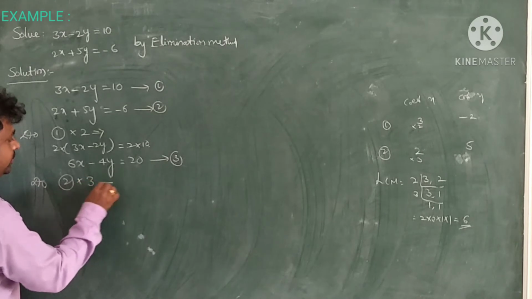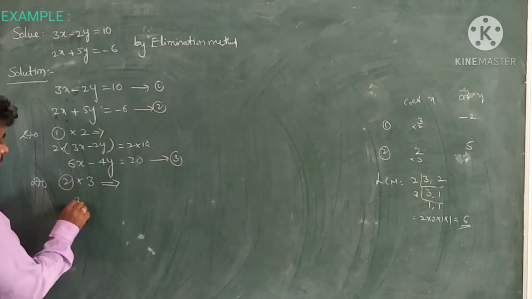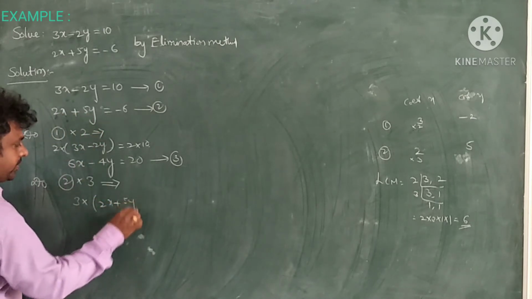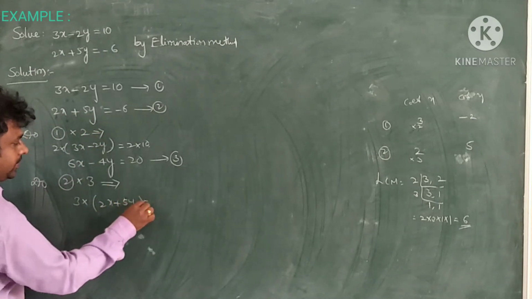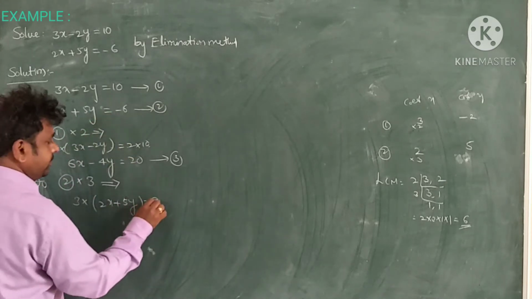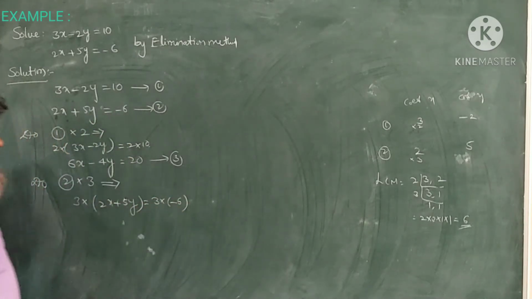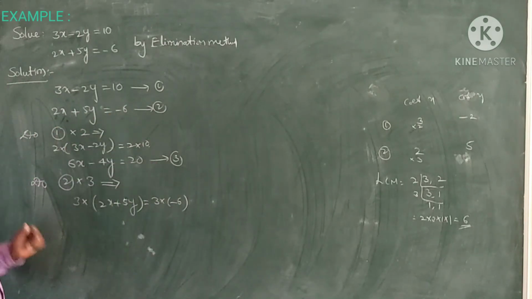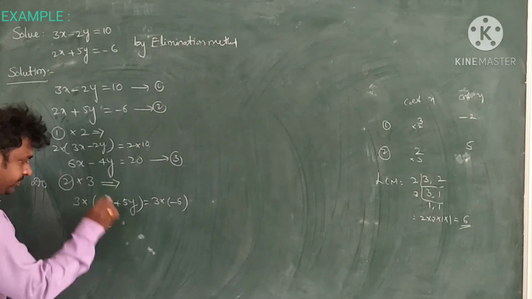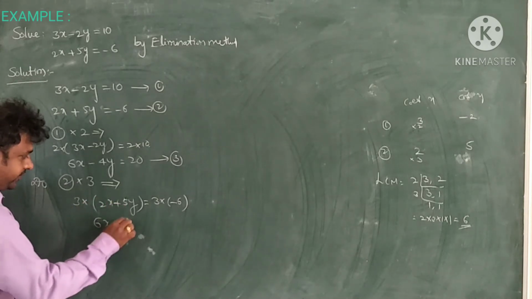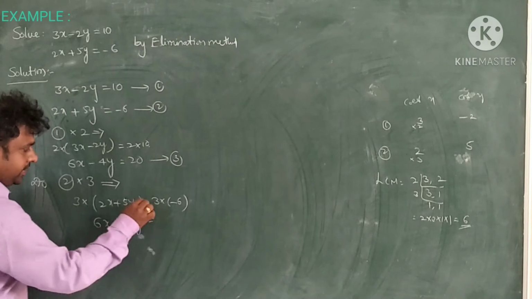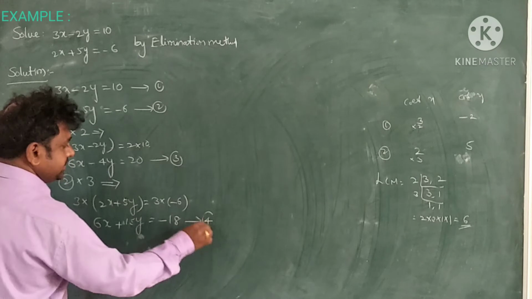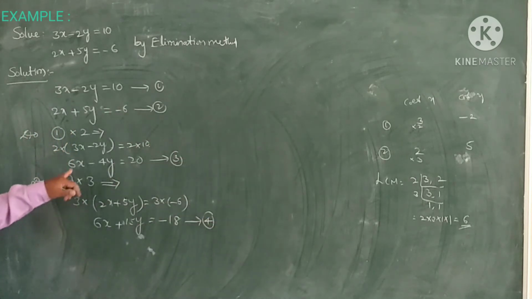Observe, students: 3 into 2x plus 5y equals 3 into minus 6. 3 2s are 6, 3 5s are 15, and 3 into minus 6 is minus 18. This is equation 4.